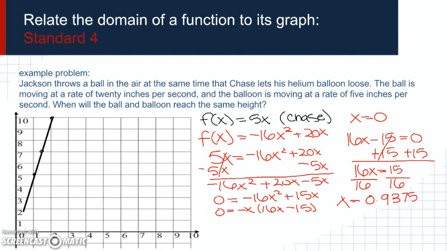Okay. And now we have to graph the equation for Jackson. So when you plug that into your calculator, you get 0, 0, 0.56, and 1, 4. When you draw it, it should look like this, roughly.